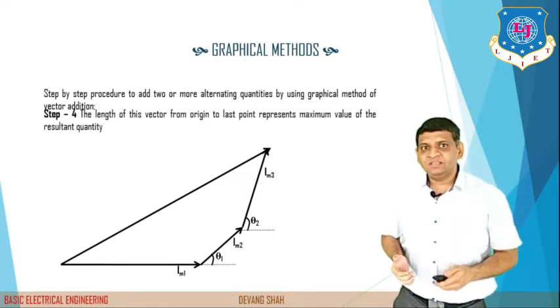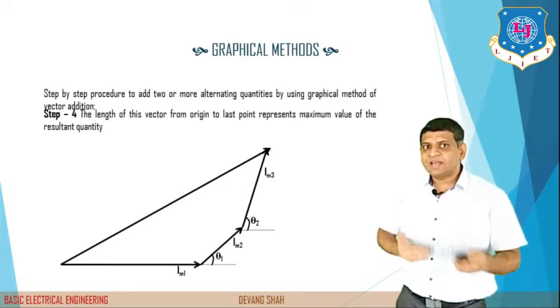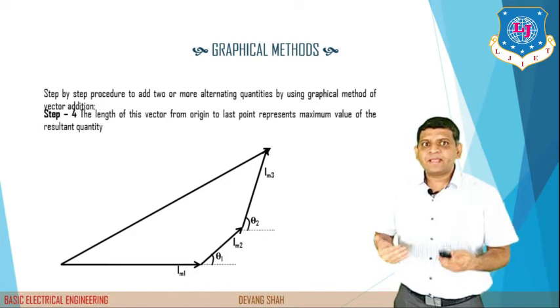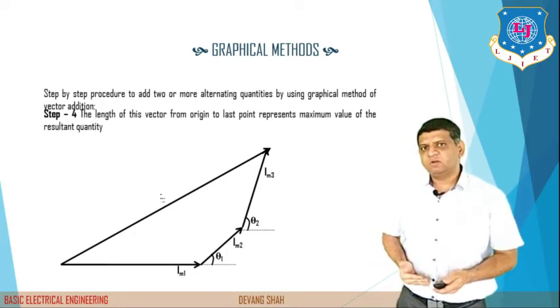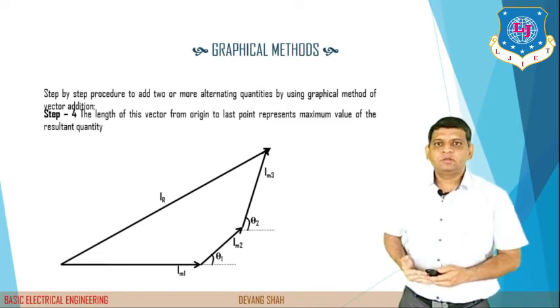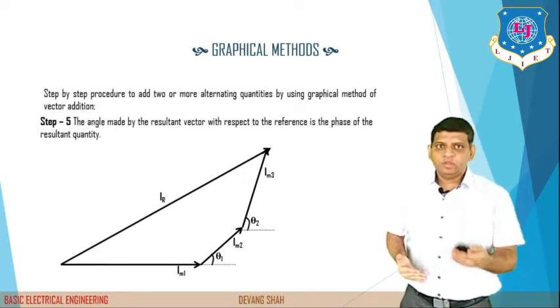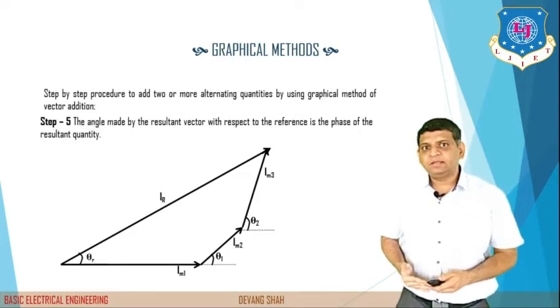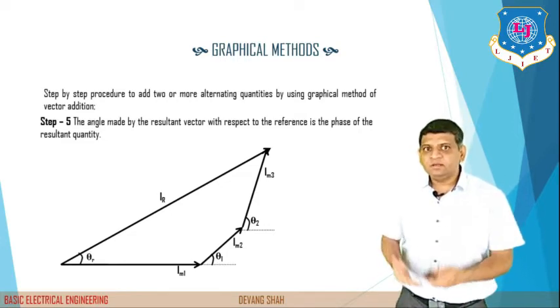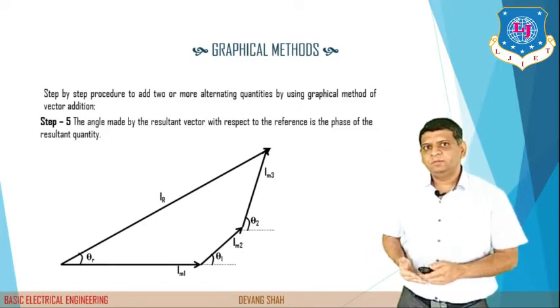The length of this vector from the origin to the last point represents the maximum value of the resultant quantity, and that is called my IR, the resultant magnitude of the current, with the angle theta. The angle theta, made by the resultant vector with respect to the reference, is the phase of the resultant quantity.